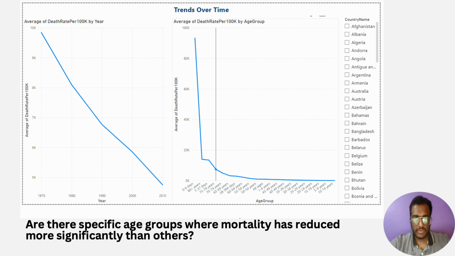The right chart shows us the average death rate per 100K by age group. In this, we can see the 0 to 6 days and 60 to 80-plus years age groups have a high average death rate compared to others.